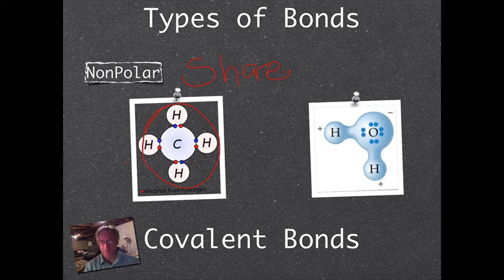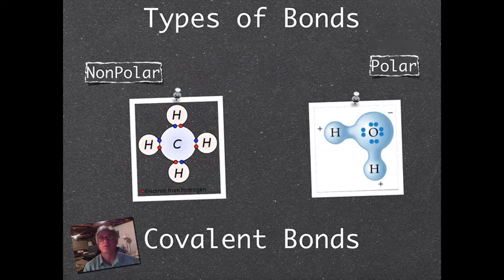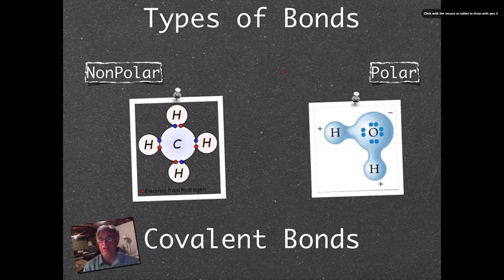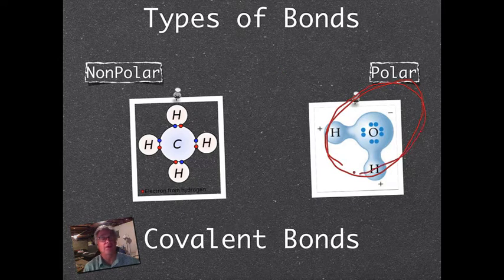Now the other type is what we would call a polar type. And they share that unevenly. In this particular case, what's going to happen is the electrons are going to be more in one area than the other. And because of that, it creates poles, a positive and a negative pole. As a matter of fact, if you were to try to get these two to mix, like we put them in a container and shook them up, they wouldn't, because they have different bonds.